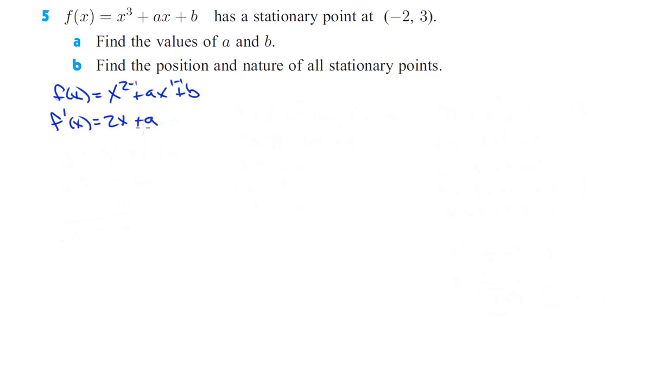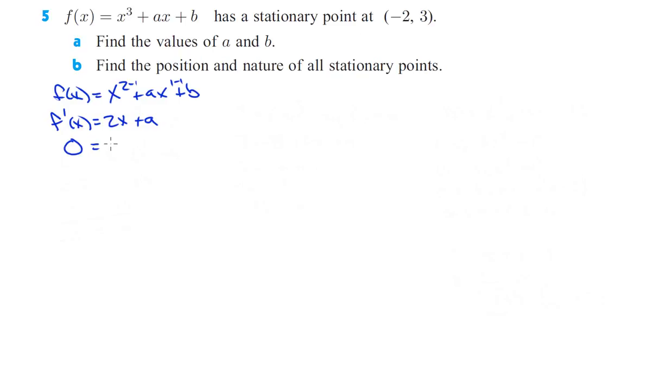All right, so here's our derivative. So we've got 2x plus a. Now again, we know that at negative 2, 3, this thing has to equal 0 because it's a stationary point. So when x is negative 2, f prime of x, our derivative, the slope of our tangent line, is 0.